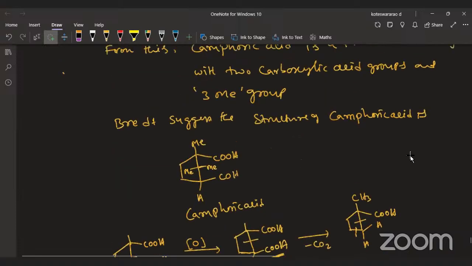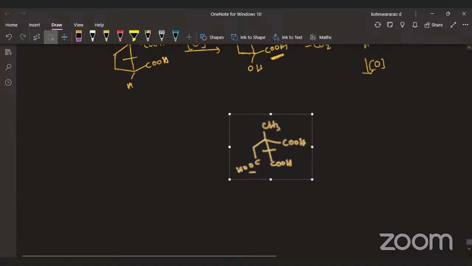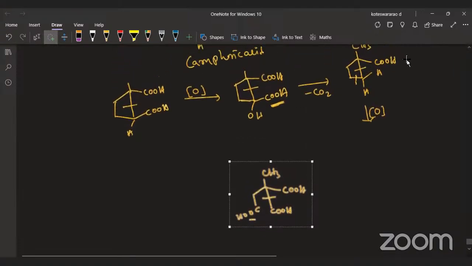One of the intermediates, a keto intermediate, is generated.